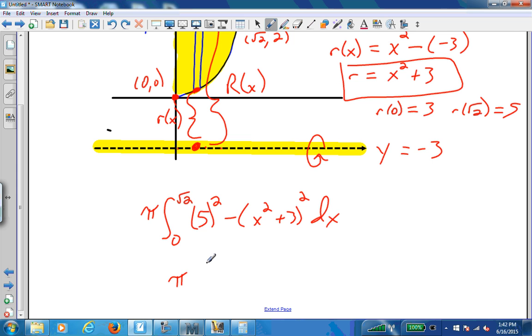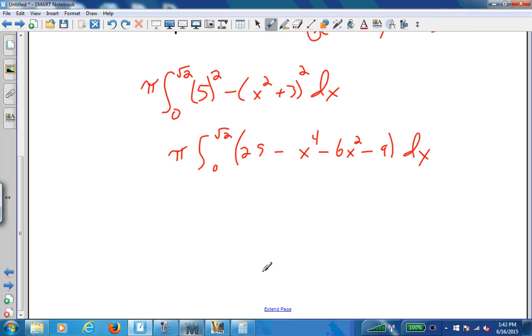So pi times the integral from 0 to root 2 of 25. If we square that, we get x to the 4th plus 6x squared plus 9. If we distribute a negative, that'll be minus x to the 4th minus 6x squared minus 9.